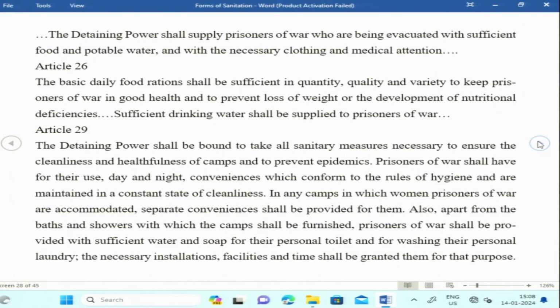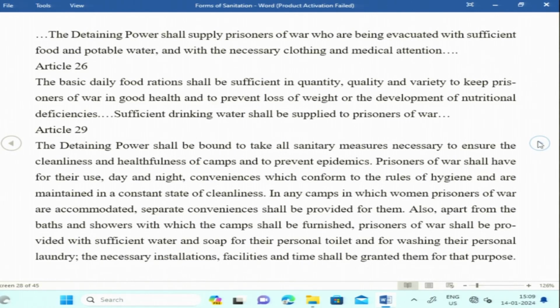So, I think that provision is inbuilt even for the prisoners, and we try to see that Article 26 says that the basic daily food rations have to be sufficient in quality and quantity, and the prisoners of war should be kept in good health and should avoid loss of weight through nutritional deficiency.